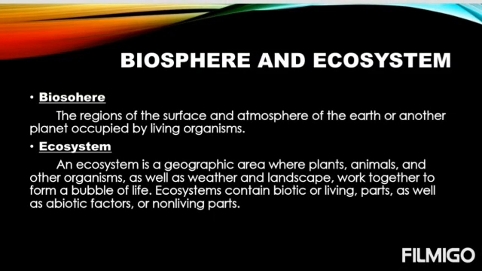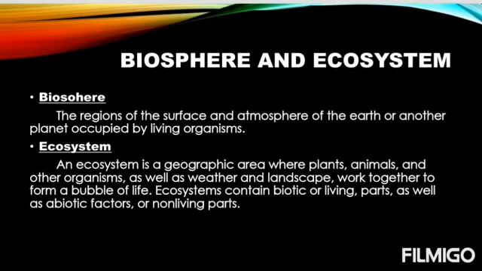The next one is what is biosphere and what is ecosystem. The first one is what is biosphere. The regions of the surface and atmosphere of the earth or another planet occupied by living organisms is known as biosphere. The next one is what is ecosystem.